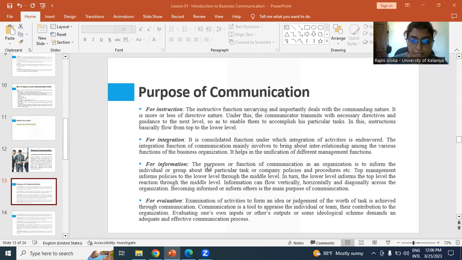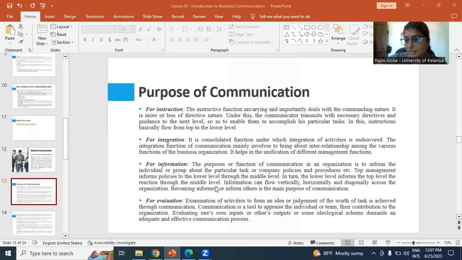So for information, the purpose or function of communication in an organization is to inform the individual or group about a particular task or company policies and procedures, etc. Top management informs policies to the lower level through the middle level. In turn, the lower level informs the top level of the reaction through the middle level.